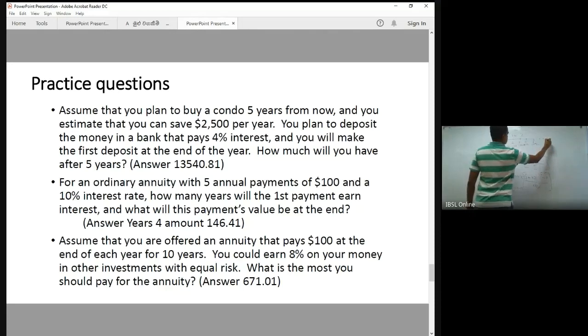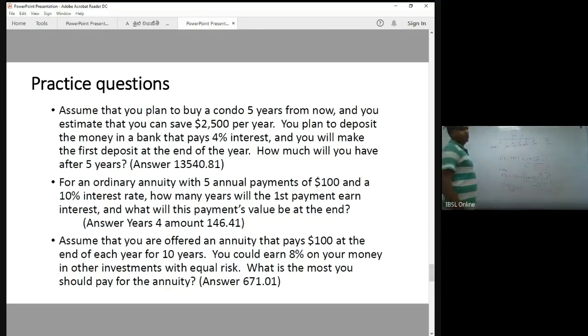So it's something like this which continues for 10 years. Payment is 100 annually for 10 years. 8% you earn. Number of years is 10.